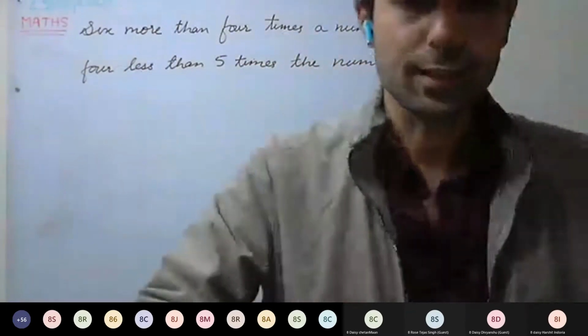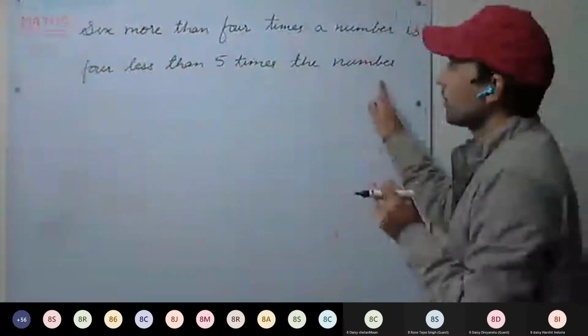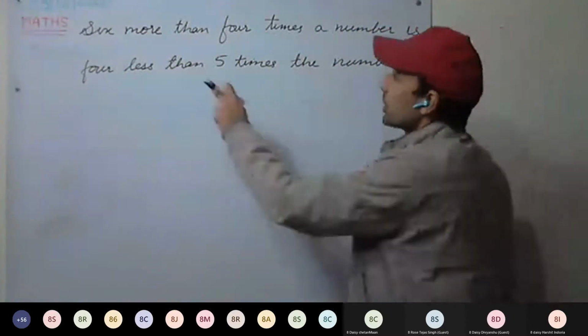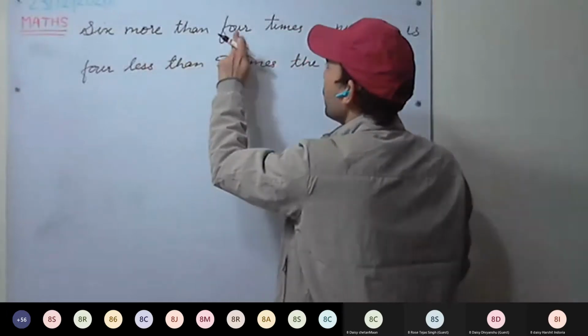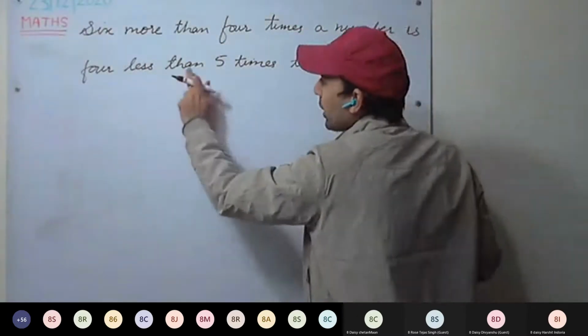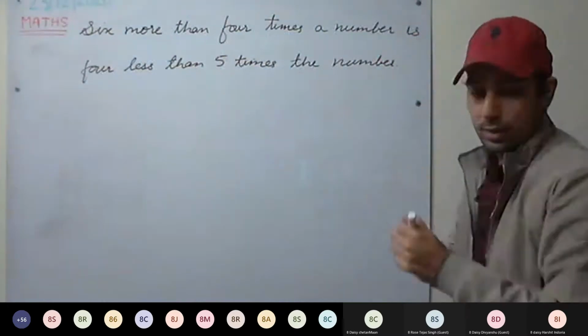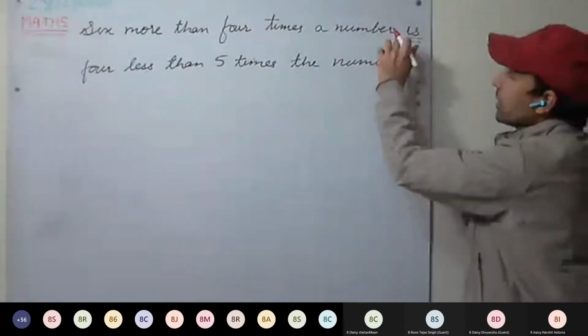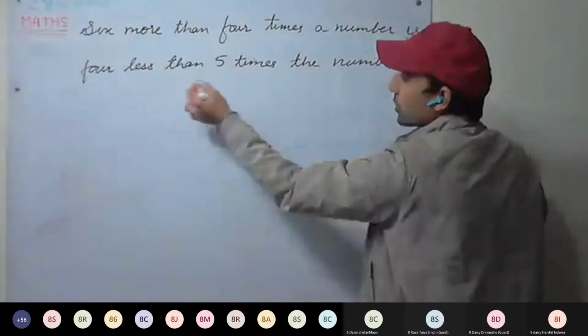So what is given? See here, an equation is given in word form. So see here, 6 more than 4 times a number is 4 less than 5 times a number. That means is equal to sign. This whole is equal to this one.